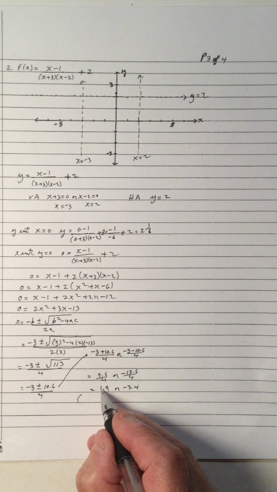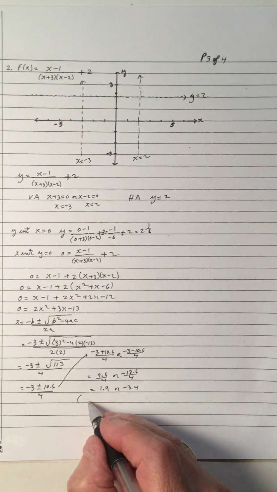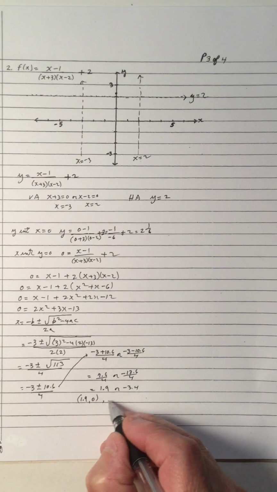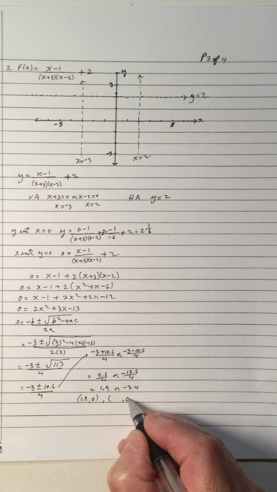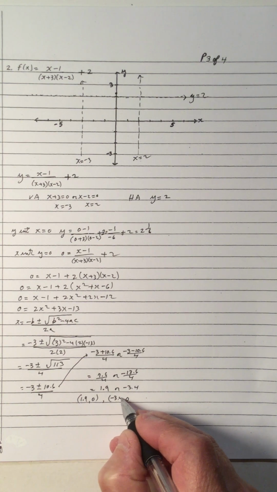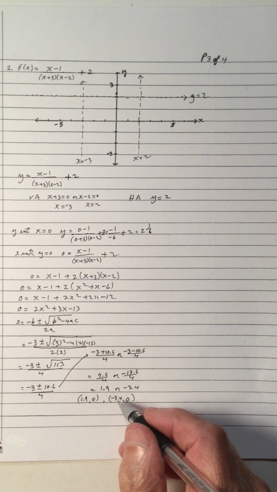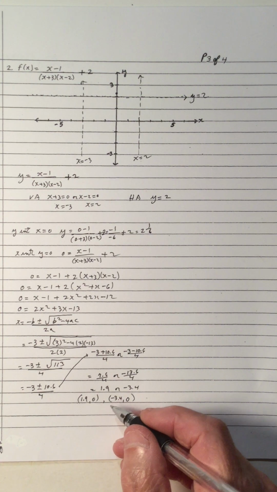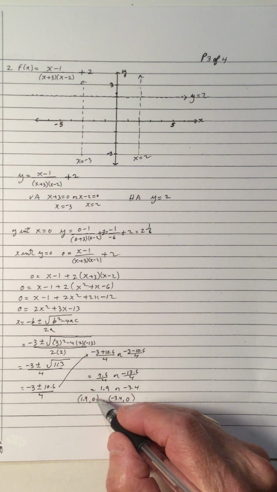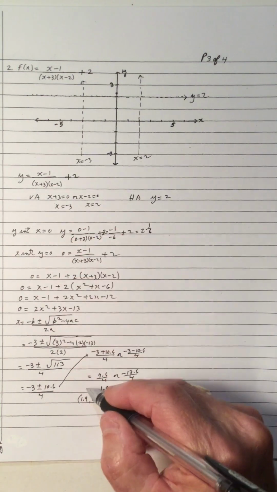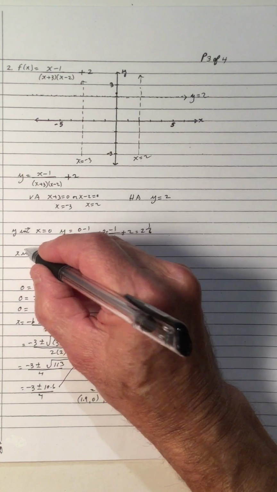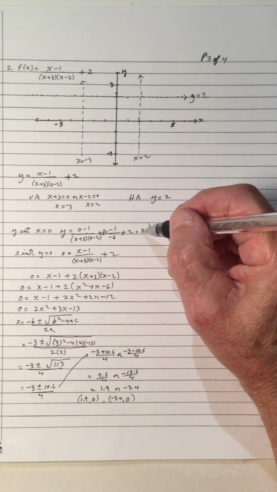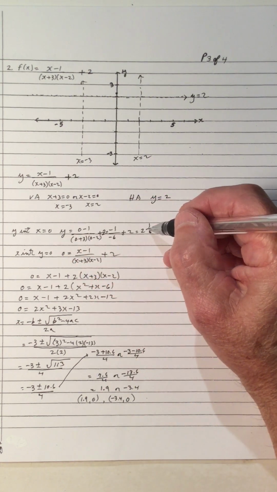So this point here, again, we let y equal 0, so that's the x value of 1.9. That's an ordered pair. And the other one, y is 0, so the x is negative 3.4. So let's plot those 2 points. We let y equal 0, these are the x-intercepts. I said the y-intercept is right here: when x is 0, y is 2 and 1/6.